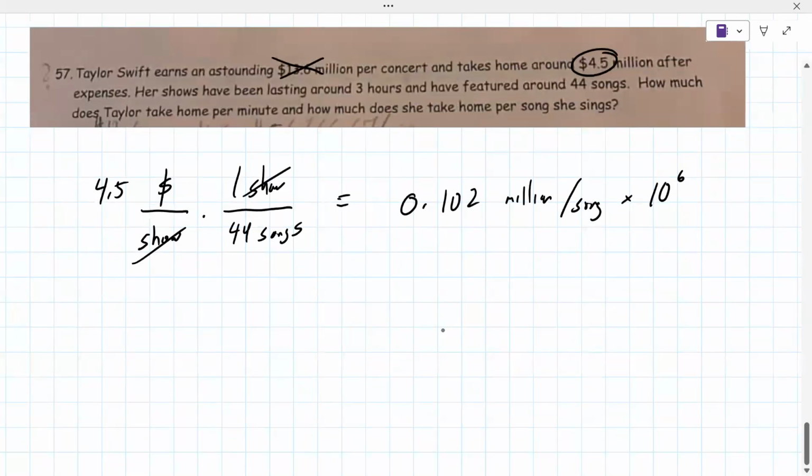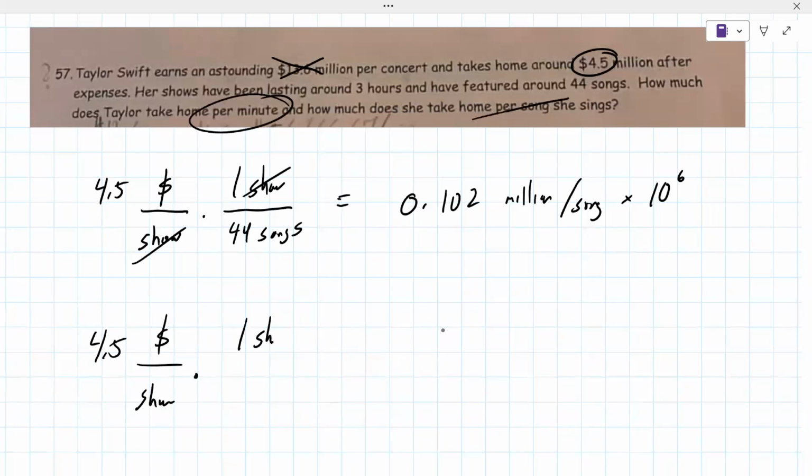Now that's the per song. So we got that, per minute. Per minute is a little bit easier, I think, because it's dollars per show. And then we know that one show is 3 hours. And then we know that 1 hour is 60 minutes.